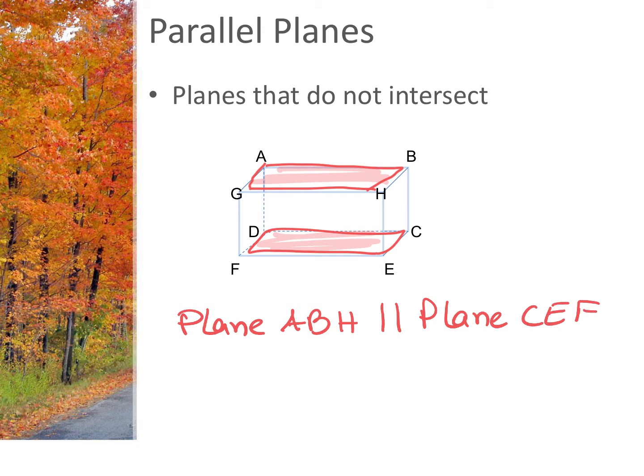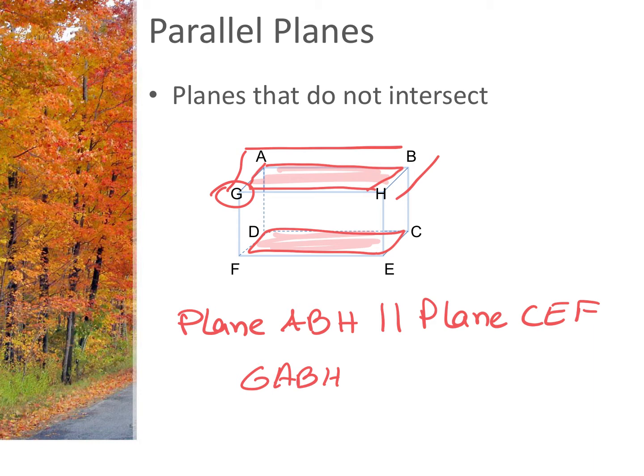Now, it doesn't matter what letters you choose to name the plane. If you wanted to name all 4, like for example for the top, you can start with any letter you want. Like I could have started with G and said G, A, B, H. Just pick a letter, start it, and then go around the sides.